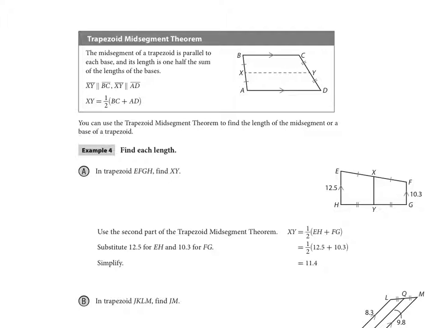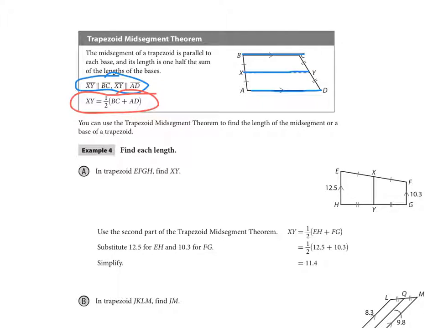So what this is saying is XY is parallel to BC and AD. And if that's the case, then XY is equal to 1/2 of BC plus AD.